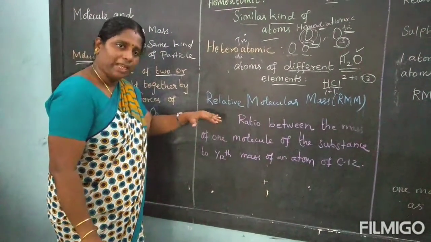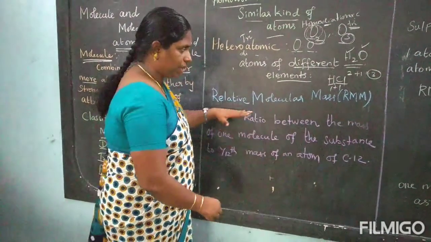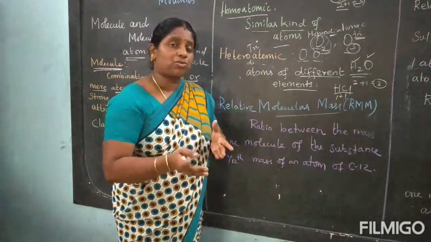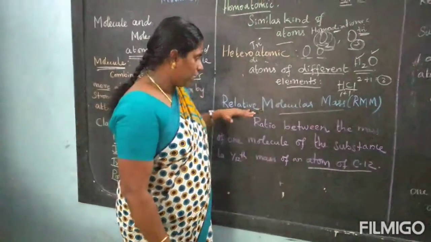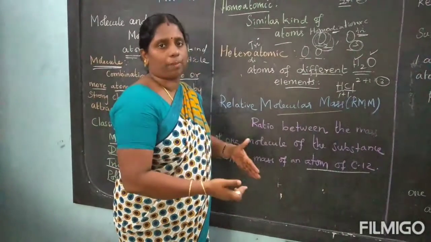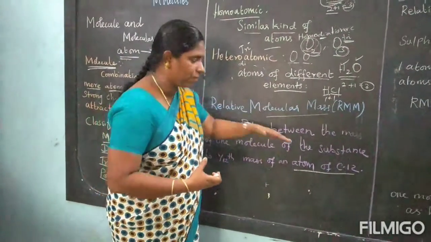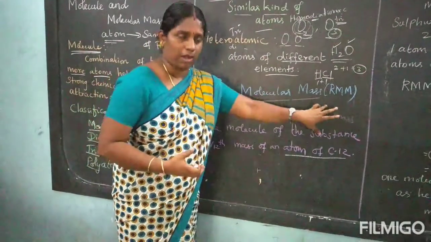The next topic is relative molecular mass. Relative molecular mass means the mass of the given compound is compared with the carbon atom. Relative means you have to relate it with carbon. If you take any kind of compound, you relate it with carbon. So what is the definition of relative molecular mass?